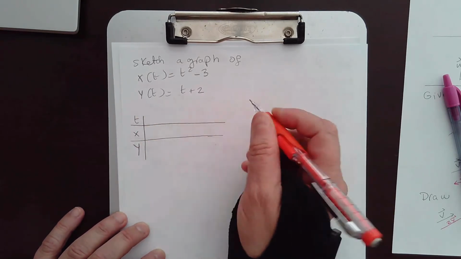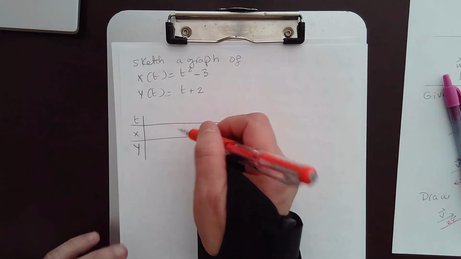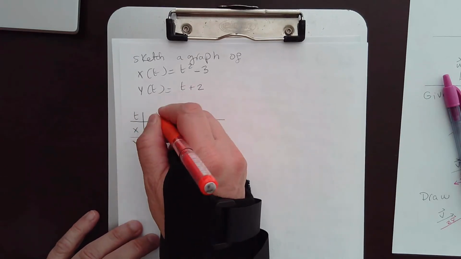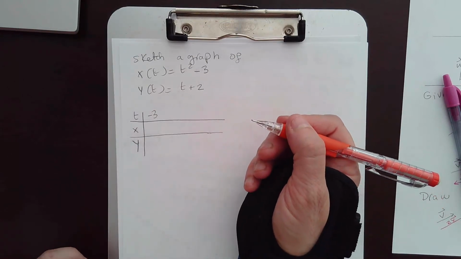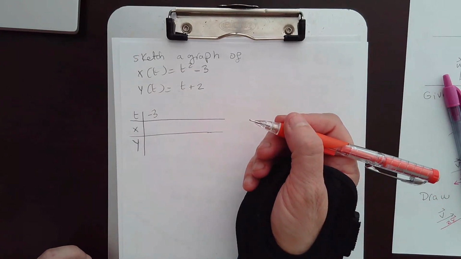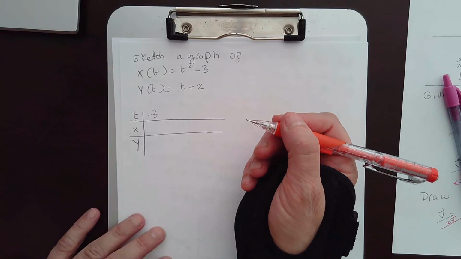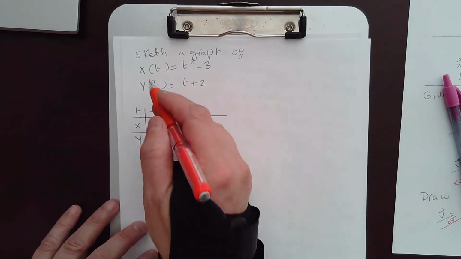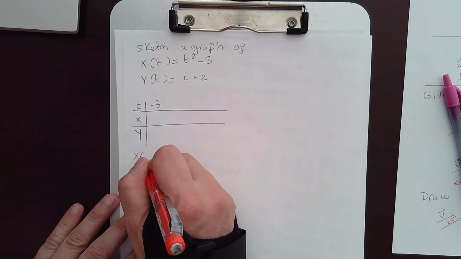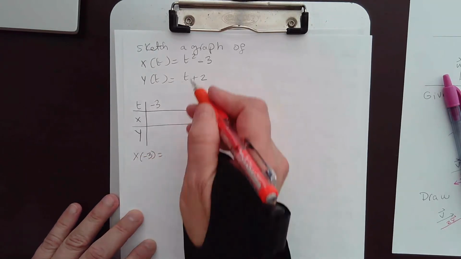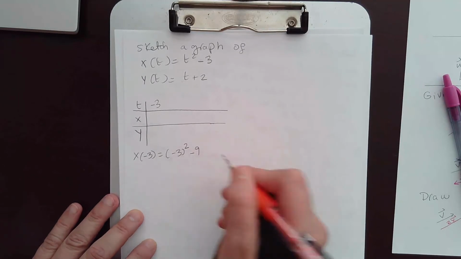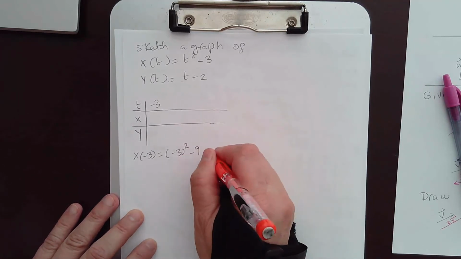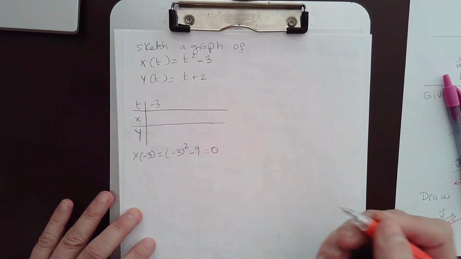For instance, for t, we can start with -3. How about -3 to 3? We can do that. When t is -3, what is x? So x at -3, you plug in here, -3 squared minus 3. So -3 squared is 9, minus 3 is 6.